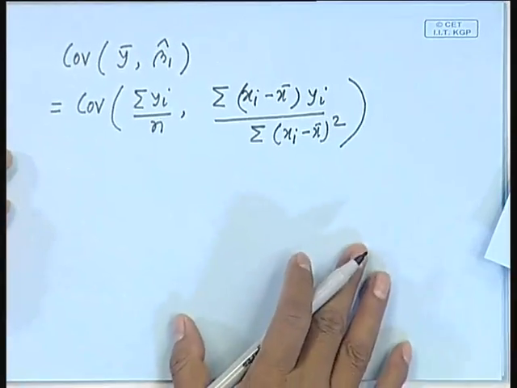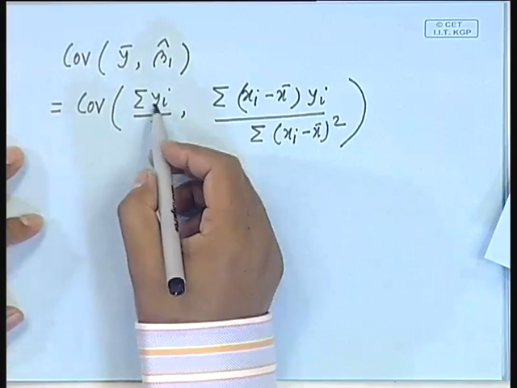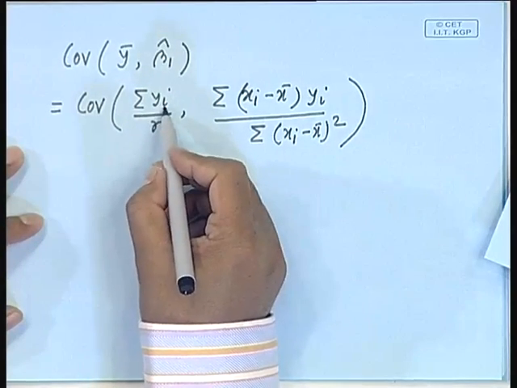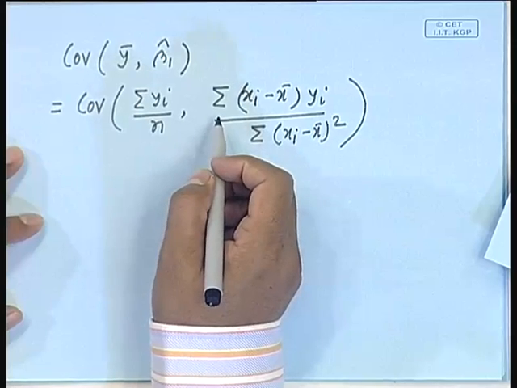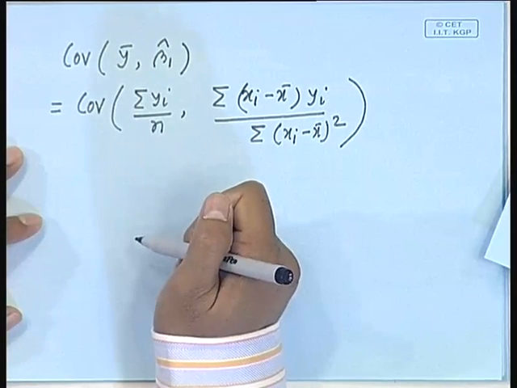Now, for this covariance, yi's are independent. So the covariance between yi and yj is equal to 0 when i is not equal to j.